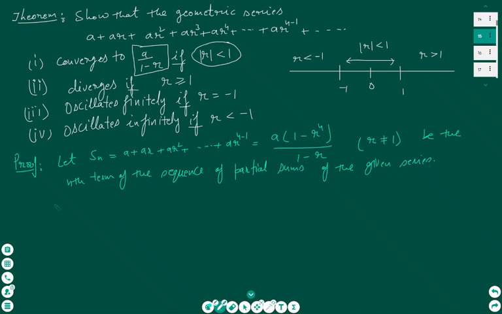All right, then first of all we have case 1. If modulus of r is strictly less than 1, that is r lies between minus 1 to 1, then r raised to the power n converges to 0 as n tends to infinity.